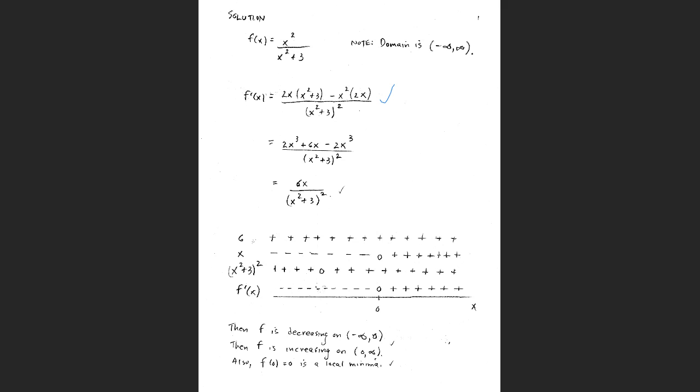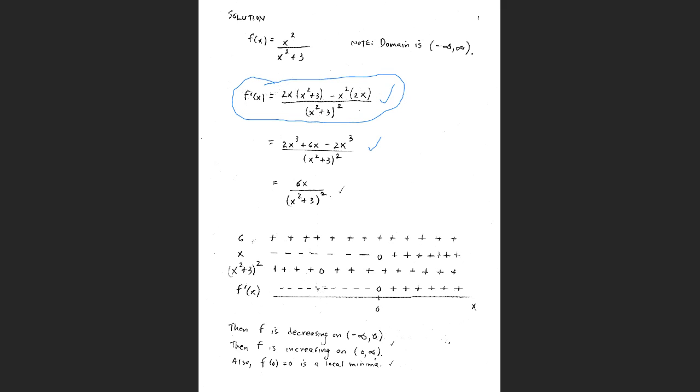And of course, I want to try to simplify, so I have my first derivative here. But I can't really figure out where the function increases, decreases, or what the critical points are unless I get that derivative in a simplified form. So of course, that's what I do here.